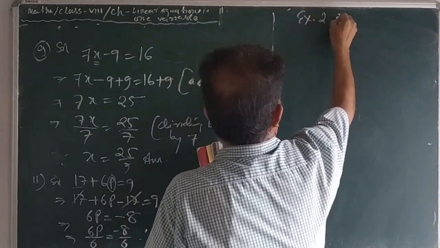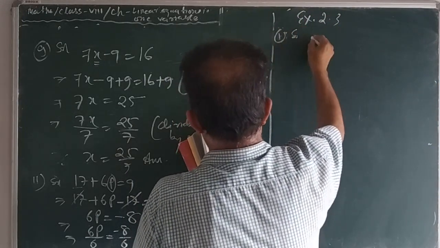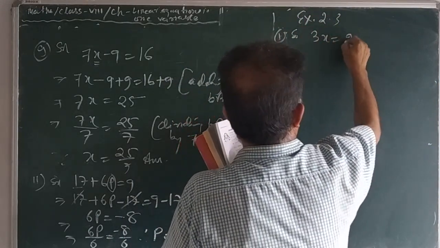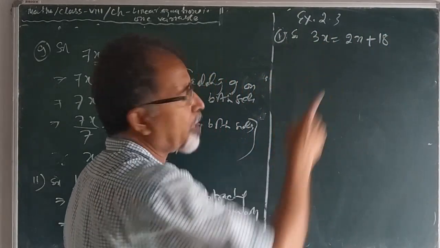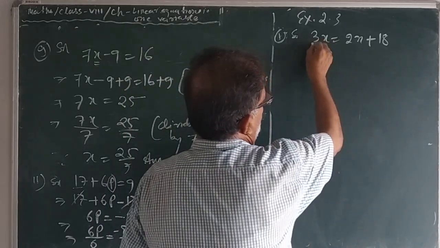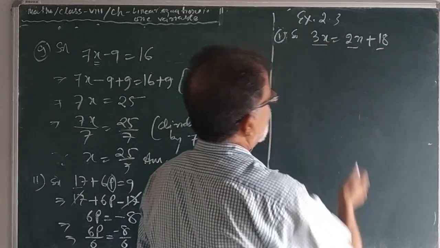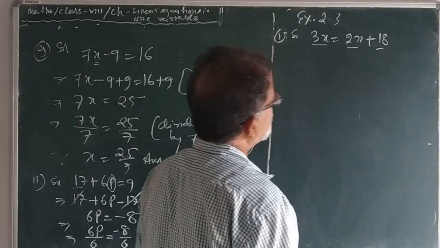Exercise 2.3, question number 1, solution: 3x equal to 2x plus 18. Here there are three terms: 1, 2, 3. Left hand side one term, on the right hand side two terms.